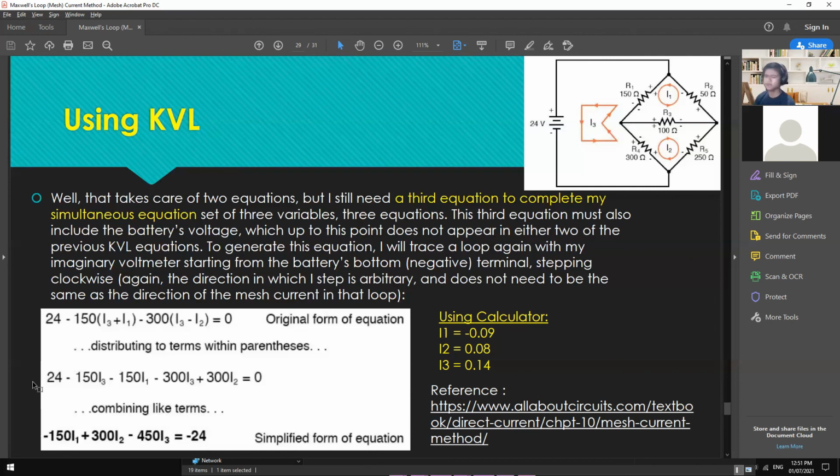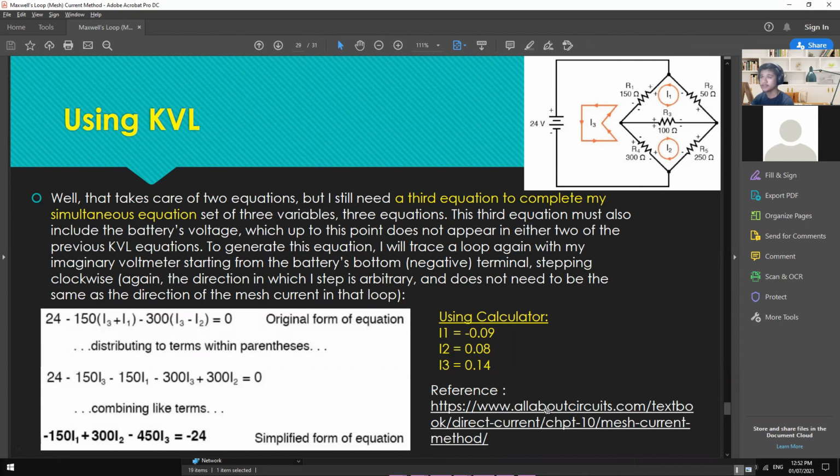Though it's still possible, it is already super hard, especially if you're an expert at eliminating other variables to come up with one single unknown. But here, as long as you have the three equations and they are correct, you will get these values of I1, I2, and I3 right here.